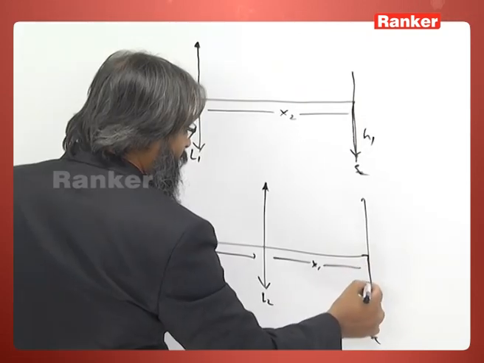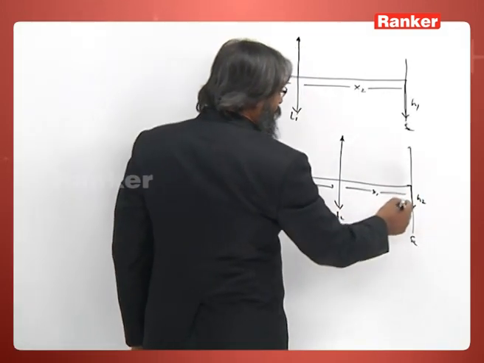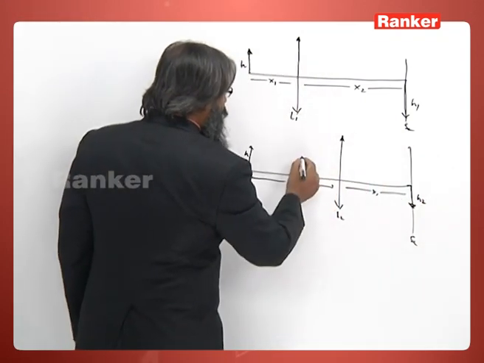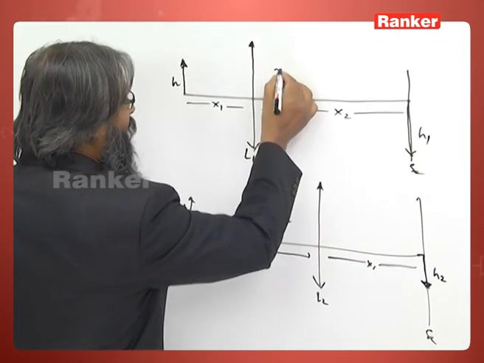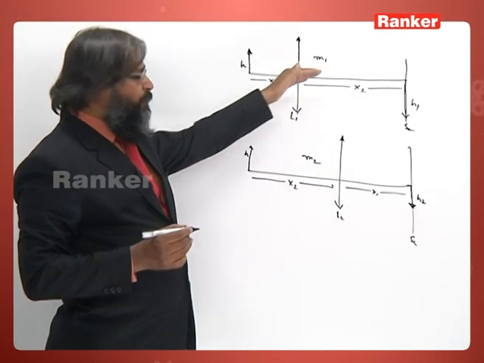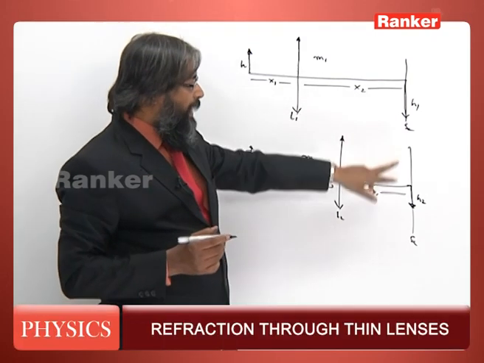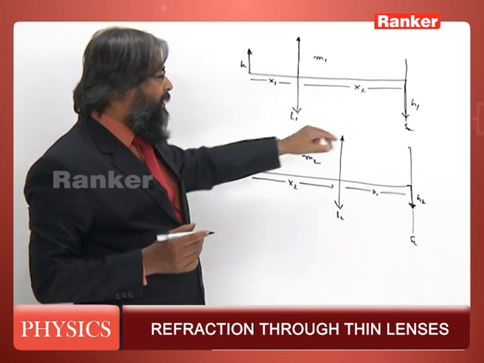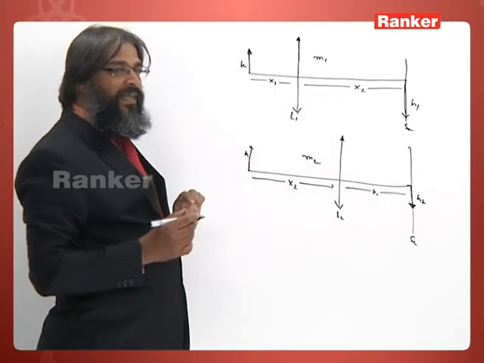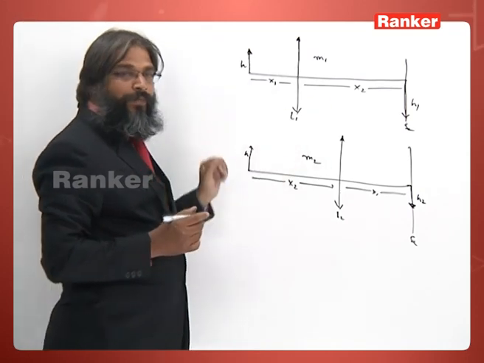Now, in the second case, the image has a height of h2 and this time magnification is m2, and in the first case suppose magnification is m1. So, if m1, m2 are the magnifications and h1, h2 are the heights of the images in these two cases, and h is the object height, let us relate m1 and m2 and h1 and h2 by h.